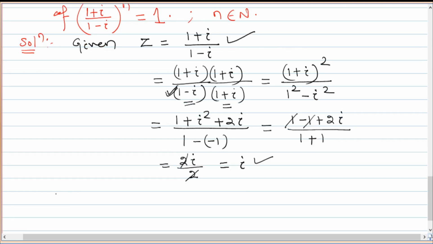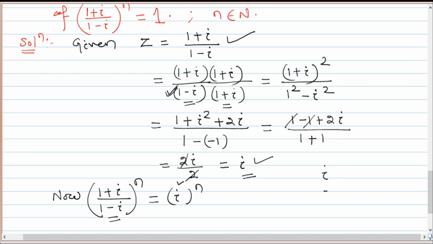Now you can write (1 plus i) divided by (1 minus i), whole to the power n, is equal to i to the power n, because the value of this we have already found, that is i. So i to the power n, n a natural number: we know i to the power 1 is i, i square is equal to minus 1, i cube is equal to minus i, i to the power 4 is equal to 1. So this is the least positive integer.